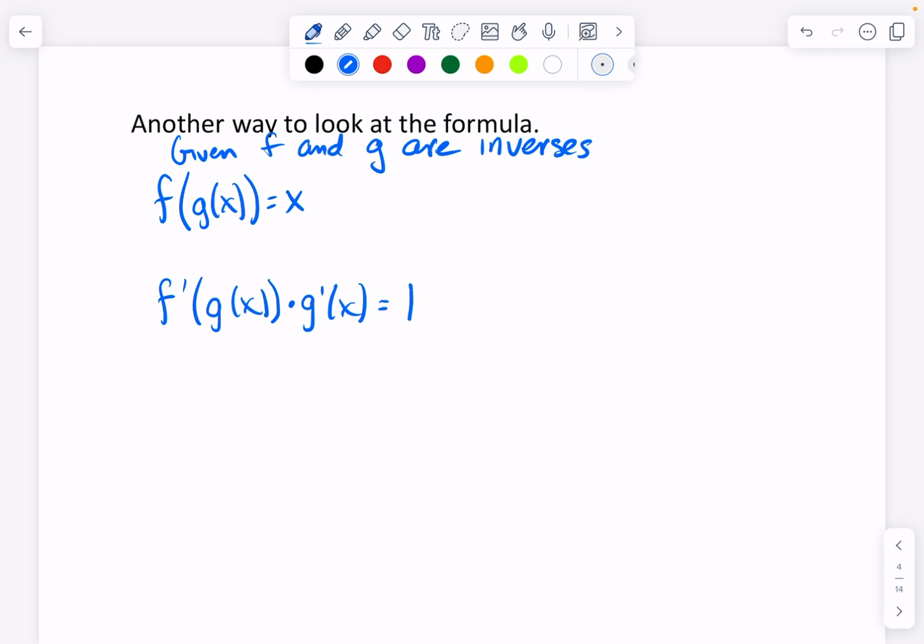What I'm really solving for is g prime of x. So g prime of x equals 1 over f prime of g of x. Okay, so they're reciprocals of each other.